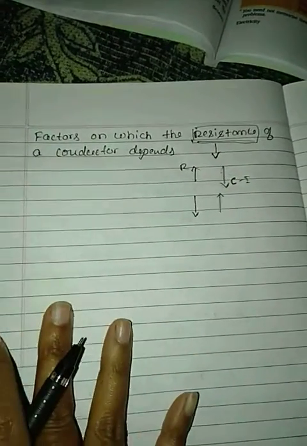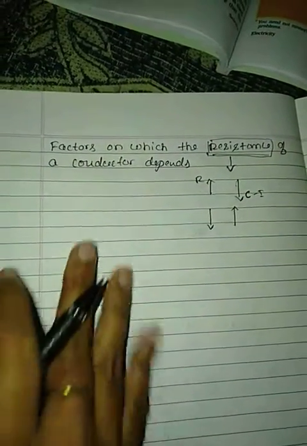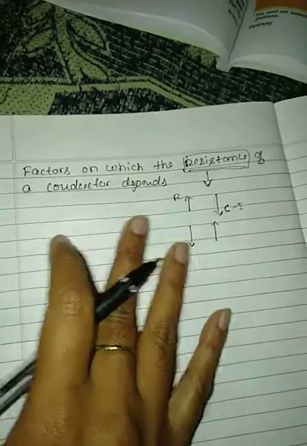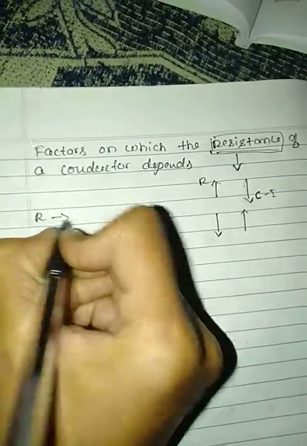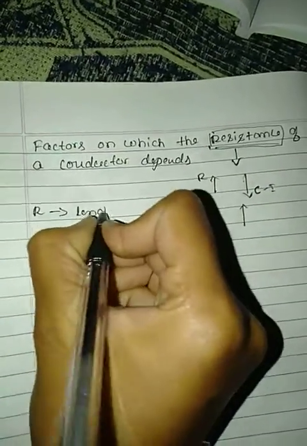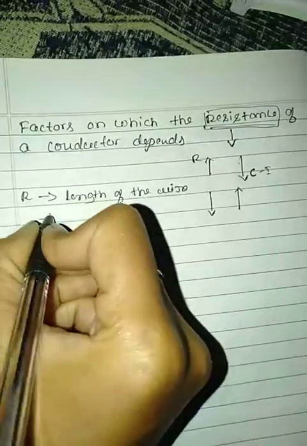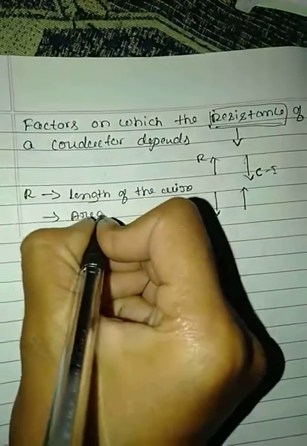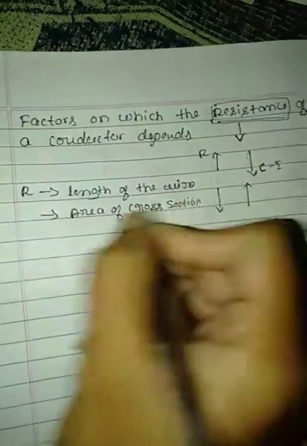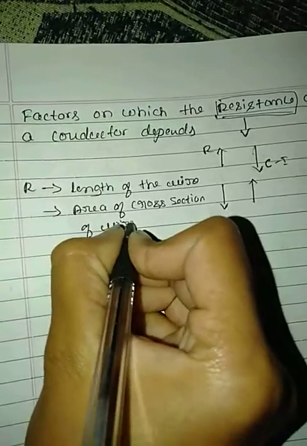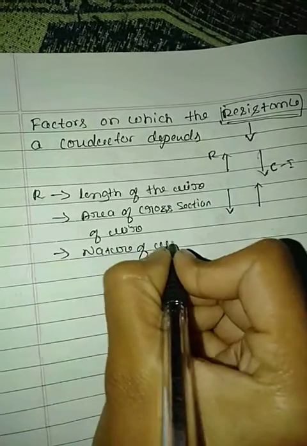See here, the resistance of the given wire or conductor depends on the length of the wire, the area of cross section of the wire, and another one is the nature of the wire.